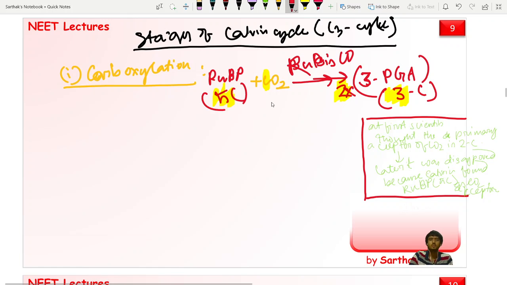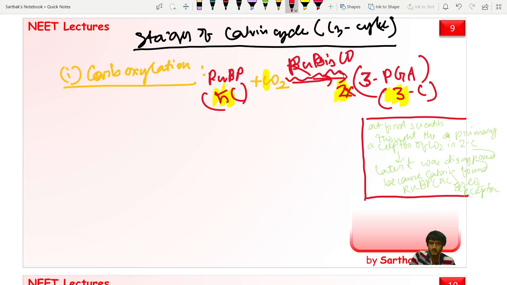Rubisco, ribulose bisphosphate carboxylase oxygenase. If you don't find the spelling here, Google the enzyme Rubisco, you will find the full spelling there. So why is this called Rubisco?